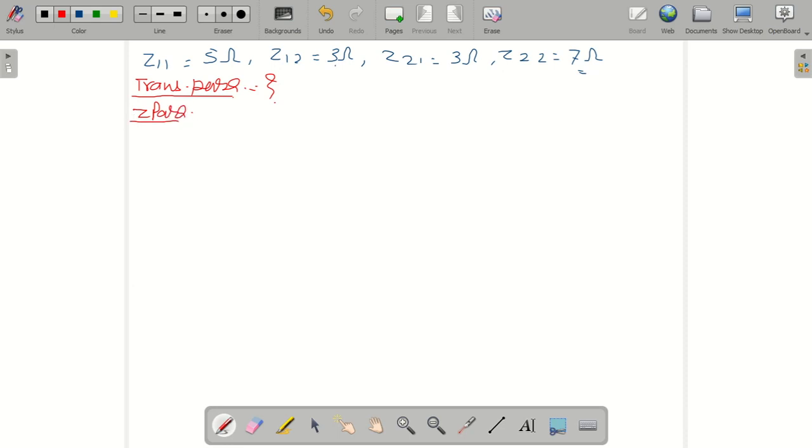If you see the problem, I got V1, V2 in terms of Z11, 5 I1 plus 3 I2, and V2 equal to 3 I1 plus 7 I2. Equation number 1 and 2 we got from the KVL.